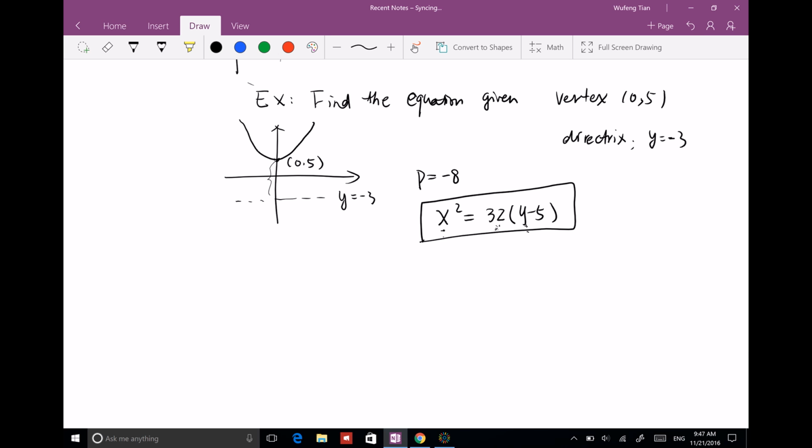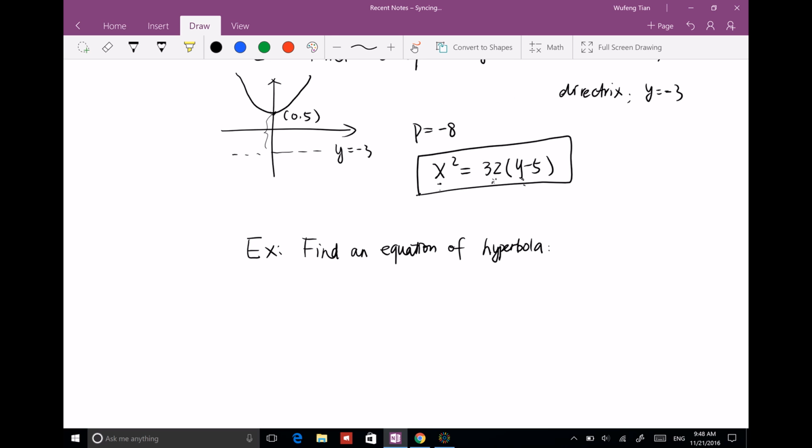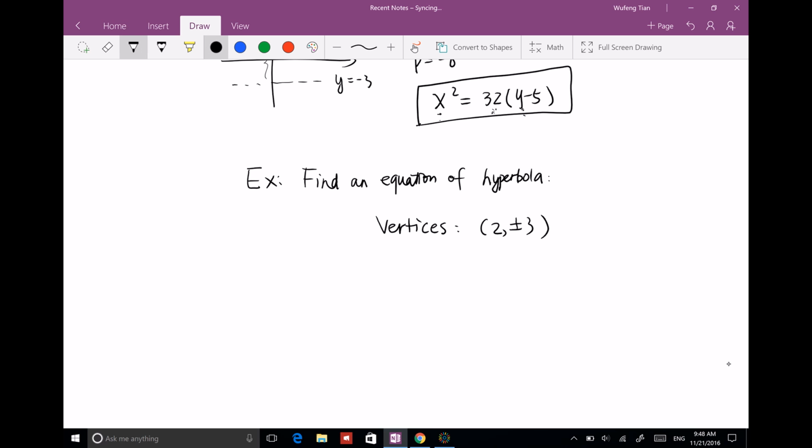So next example, not find the parabola, find the hyperbola. Find the equation of the hyperbola. Okay, so vertex, not vertex, actually vertices. You have two different vertices, (2, plus or minus 3). And then foci is (2, plus or minus 5).